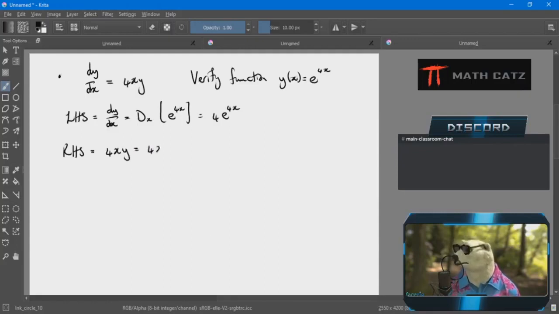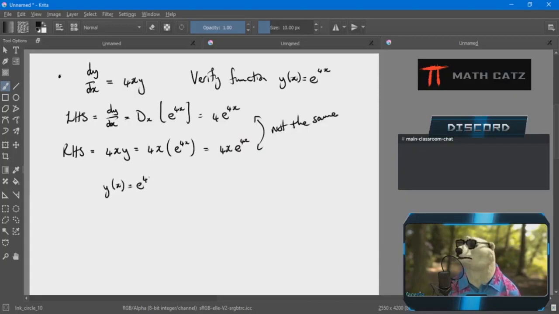That means 4 times x times the proposed y. So I get 4x e to the 4x. And I see these are not the same. So my y of x function, e to the 4x, is not a solution.